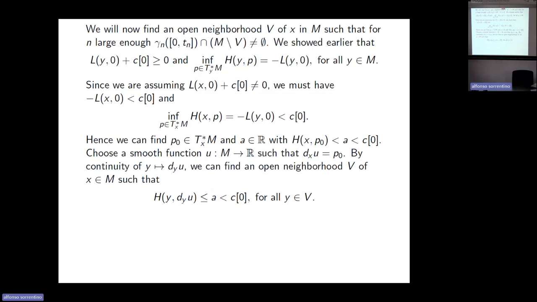Now, by continuity of the derivative, since u is smooth, we can find an open neighborhood such that H(y, dyu) is strictly less than a, which is strictly less than c0.